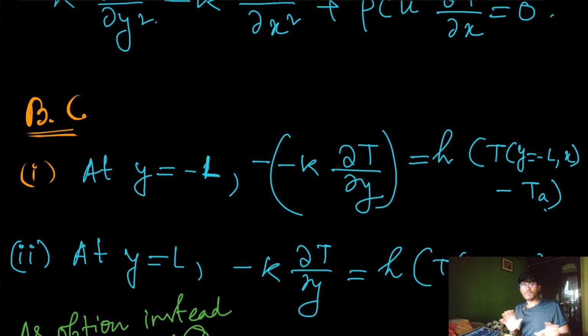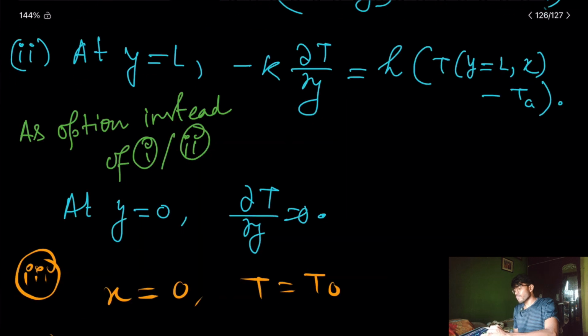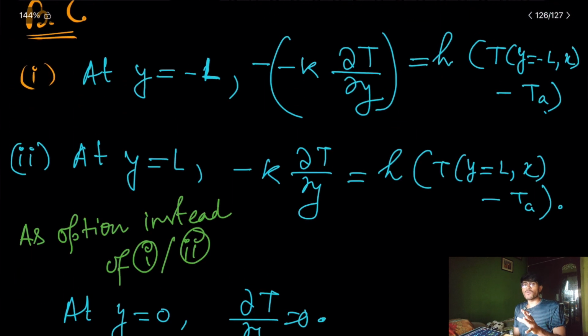The moment you are comfortable with the assumptions, that okay, I am being told that my thickness is very small, then I can say that my temperature variation in the y direction, I can neglect that. And then you have to go for the energy balance.